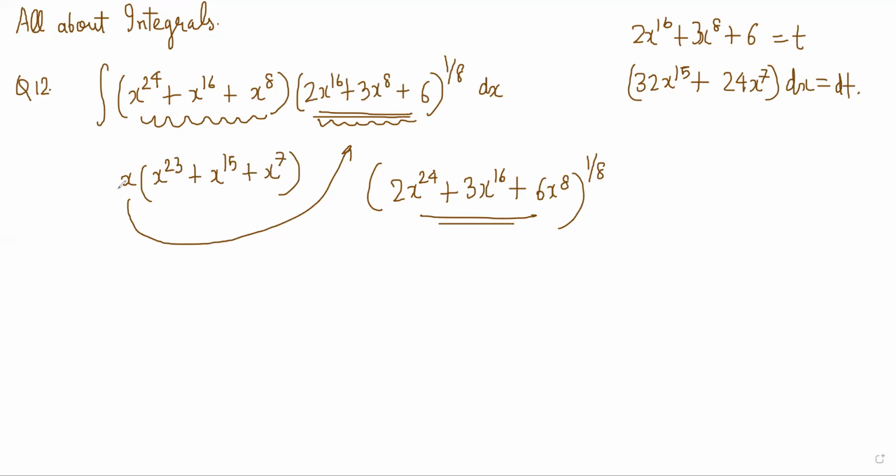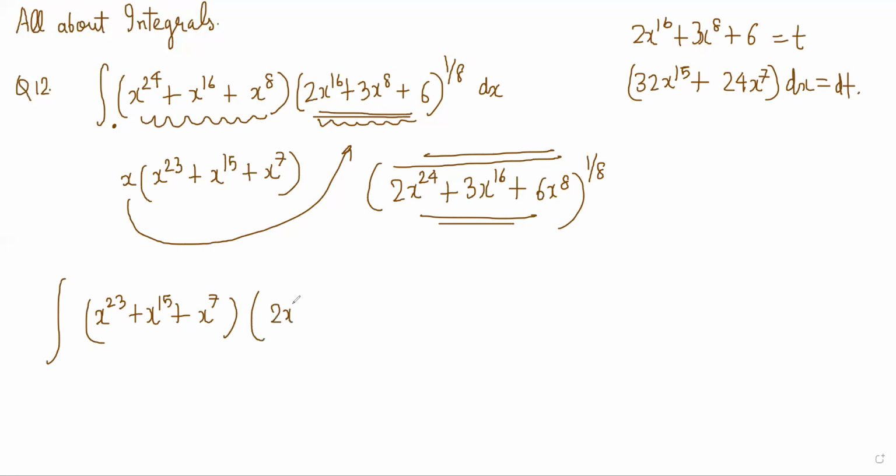So what we do here is basically take out an x from here and put it inside this factor. So my integral looks like this now: x power 23 plus x power 15 plus x power 7 multiplied by 2x power 24 plus 3x power 16 plus 6x power 8 whole power 1 by 8 dx.